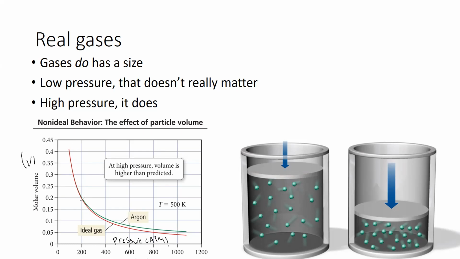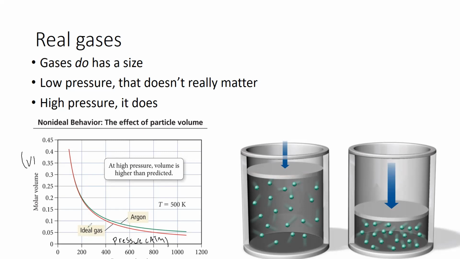Now, if we're at a pressure below 200 atmospheres, it's basically the same thing. The ideal gas law can predict the volume of argon. But as you go to higher and higher gas pressures, these 2 lines start to diverge. Our assumption, the ideal gas law assumption, which is based on kinetic molecular theory, starts to break down.